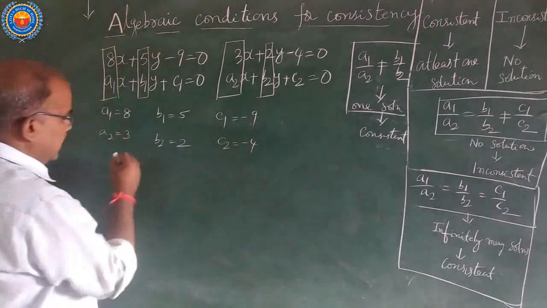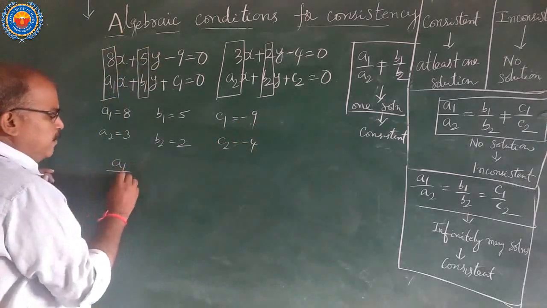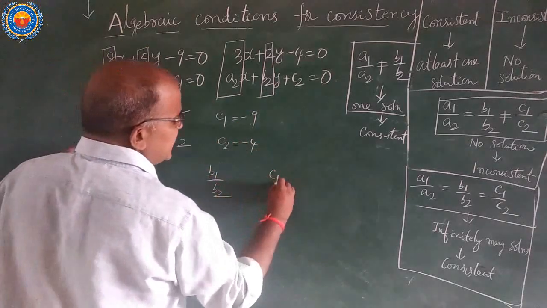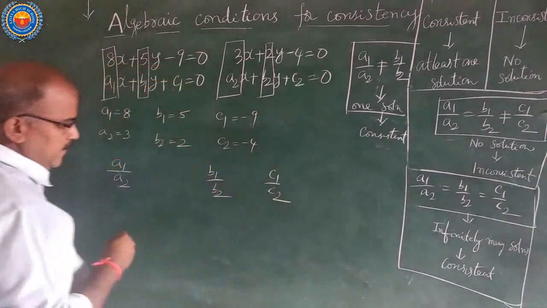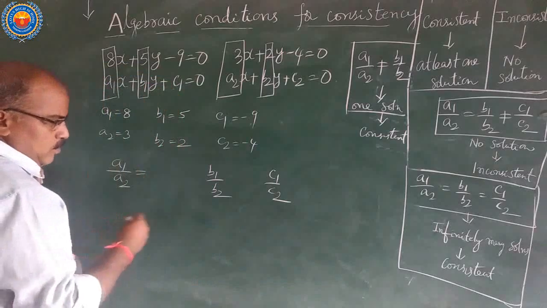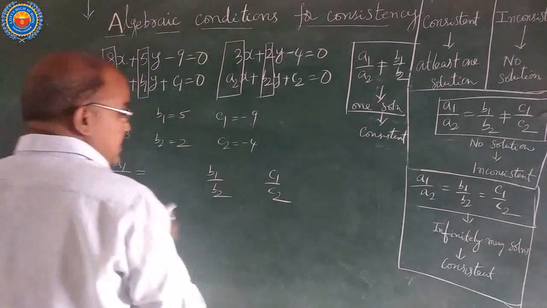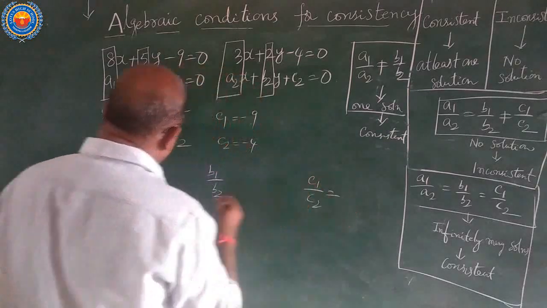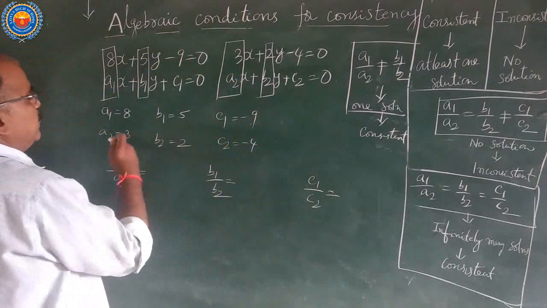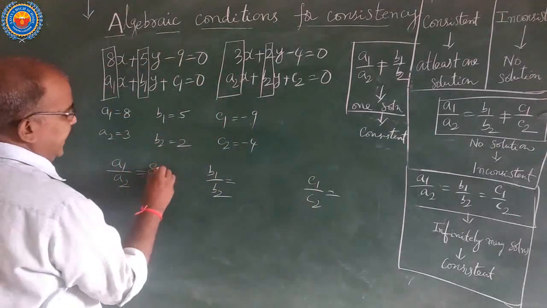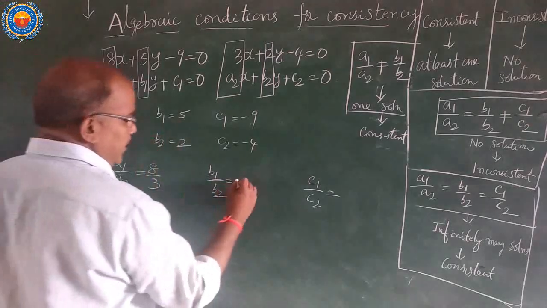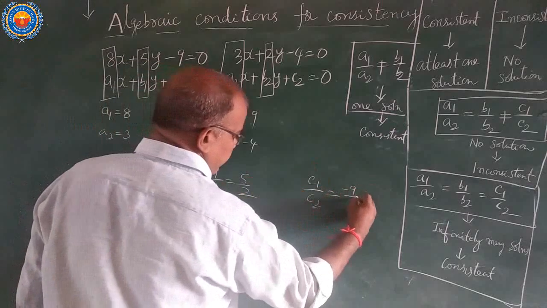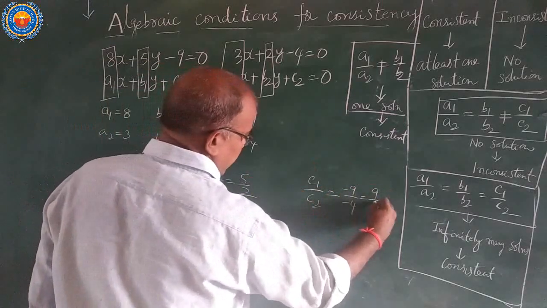Now again a1 by a2, b1 by b2, c1 by c2. a1 by a2 is 8 by 3, b1 by b2 is 5 by 2, and c1 by c2 is minus 9 by minus 4, that is 9 by 4.